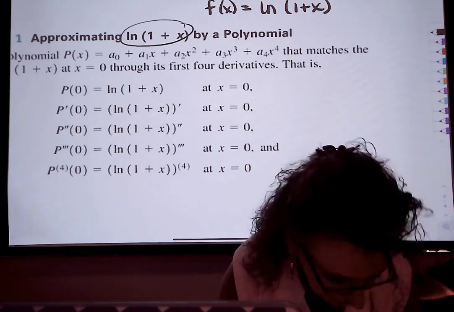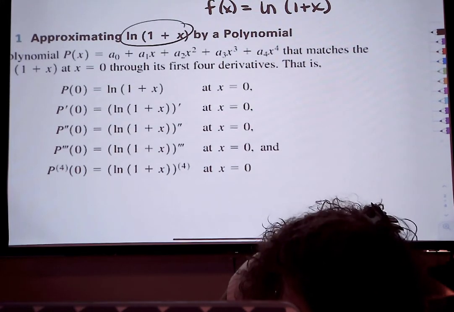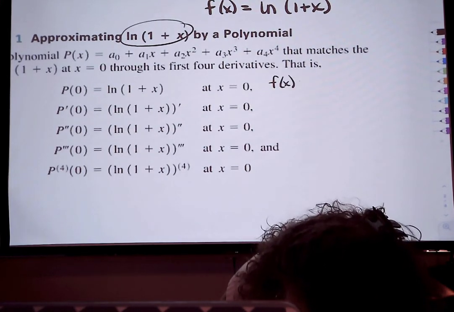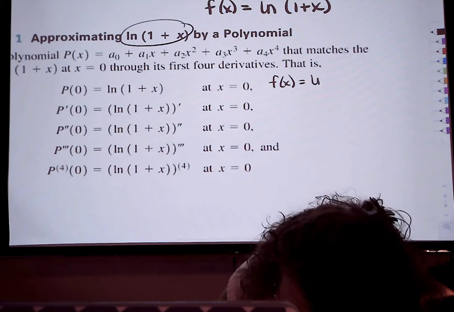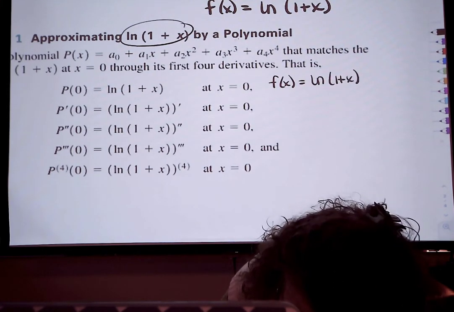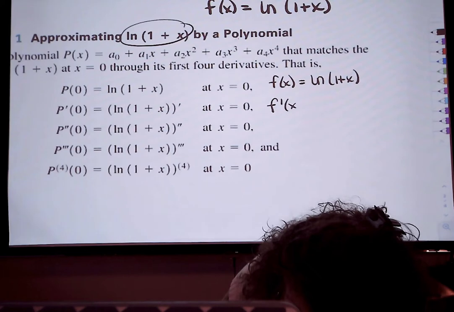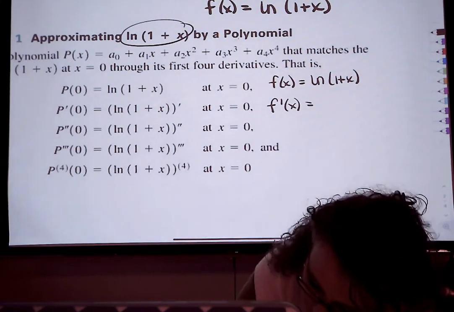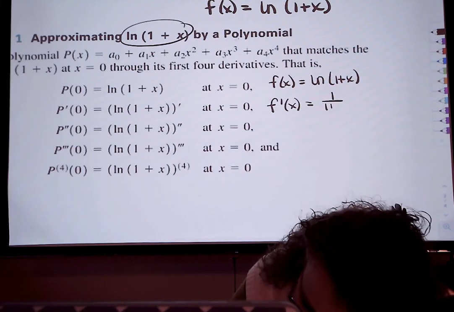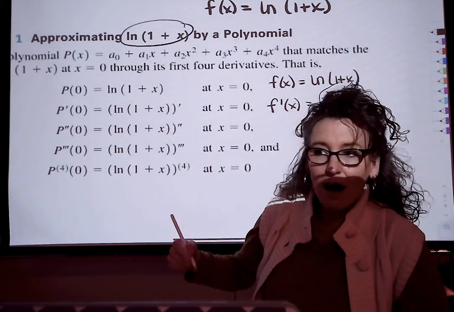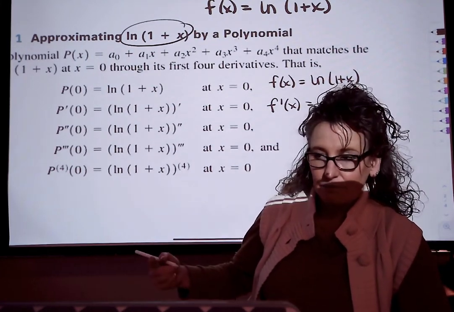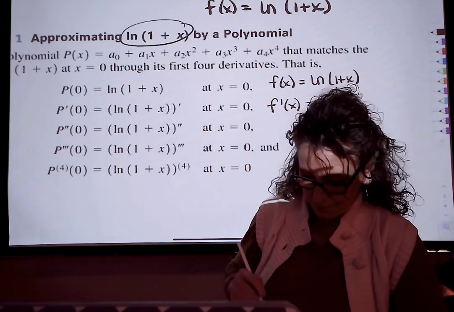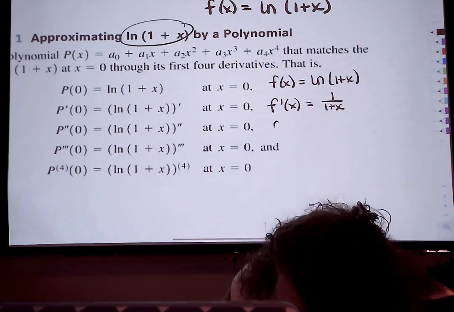So here's how we're going to do it. Our original is natural log of 1 plus x. Let's do our first derivative on it. First derivative is going to be 1 over messy times the derivative of the messy, which is just 1. Let's do a second derivative.